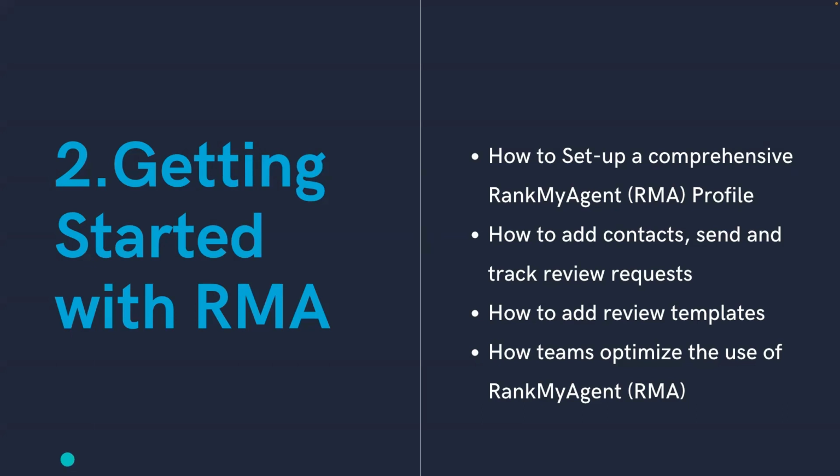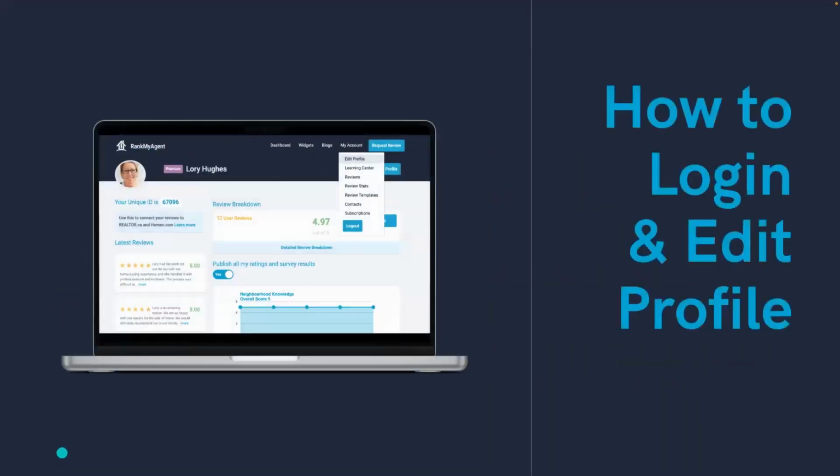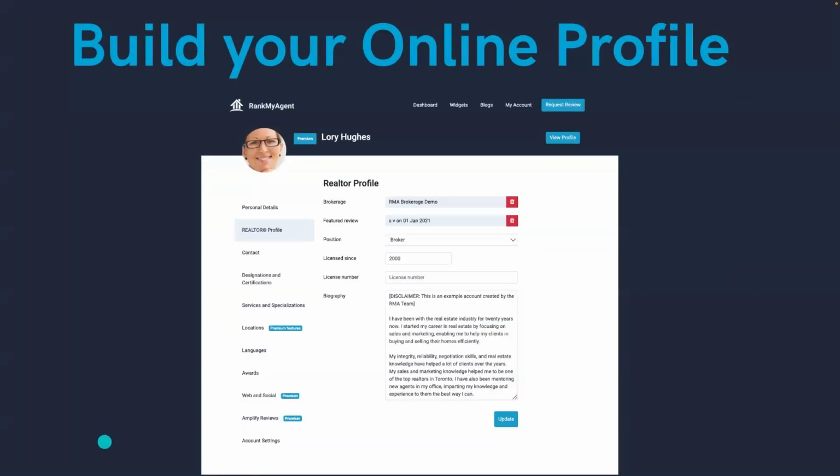And one of the first things you want to do is head over to your login screen, and then under My Account, we're going to head to Edit Profile. That's where you start building your profile and telling the world more about you and your unique selling proposition.